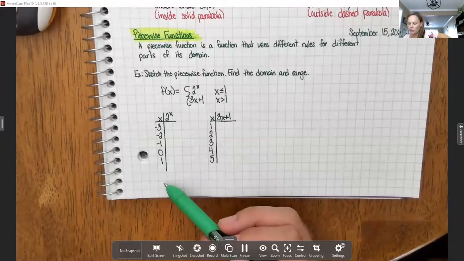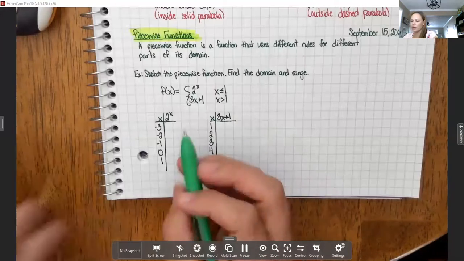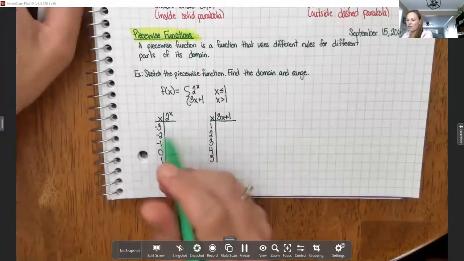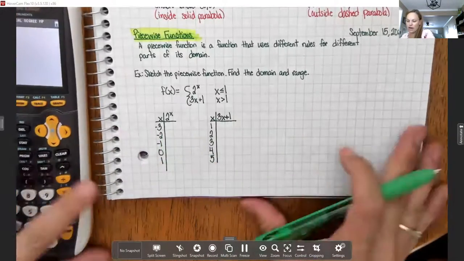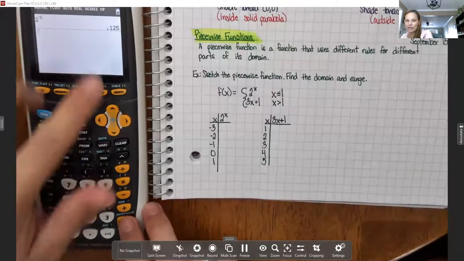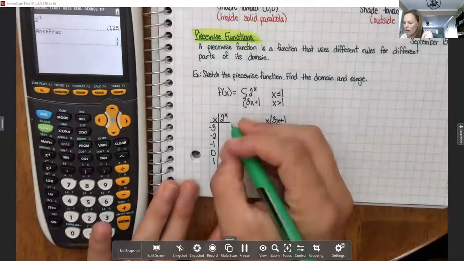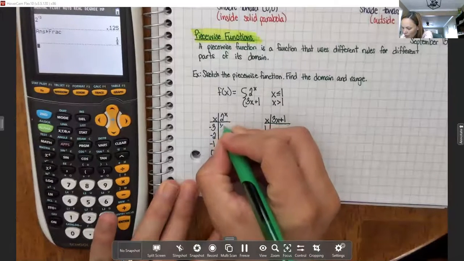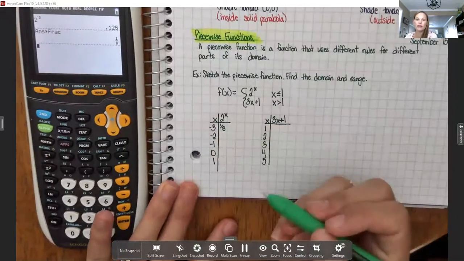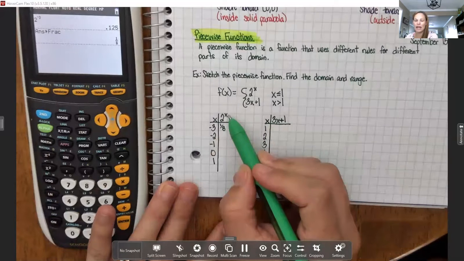Okay, so it doesn't matter which one of these we fill in first. So 2 to the negative third, I just want to remind you guys real quick, 2 to the power of negative 3. It's a decimal, but if I make that a fraction, that's 1/8. Remember, negative exponents are the same as the reciprocal. They're flipping it. 2 to the third is 8.